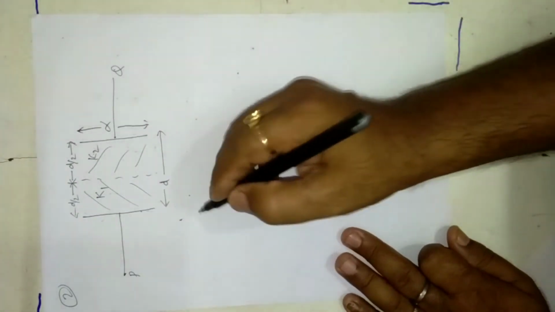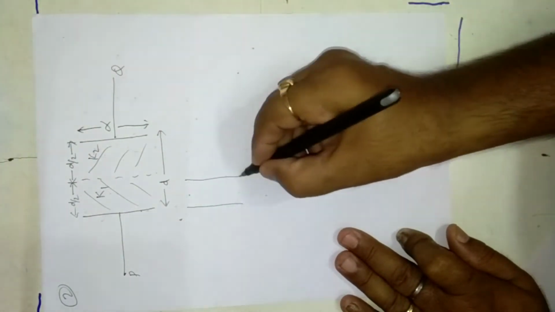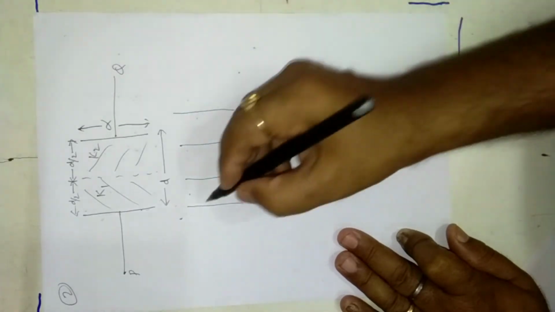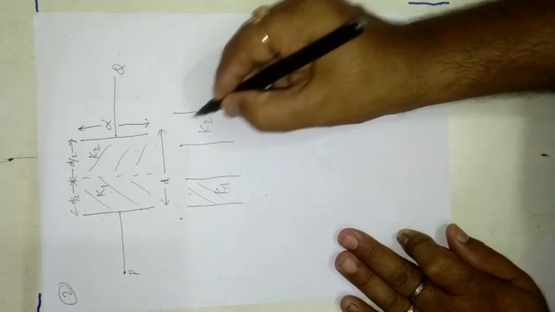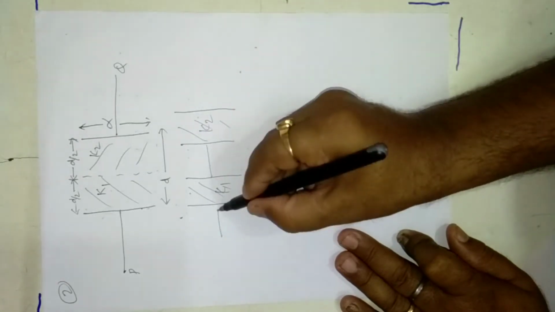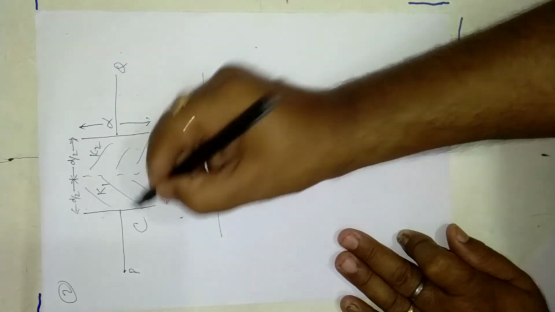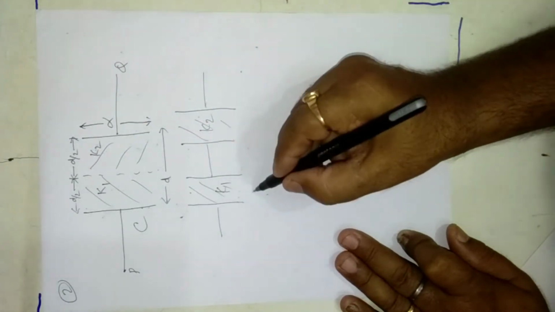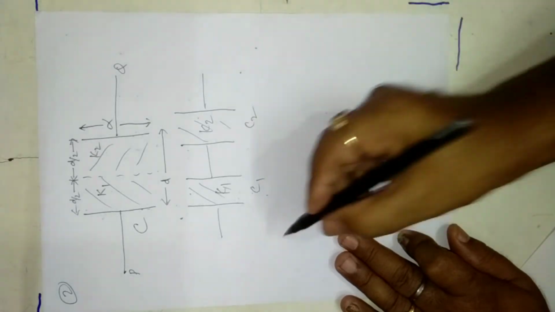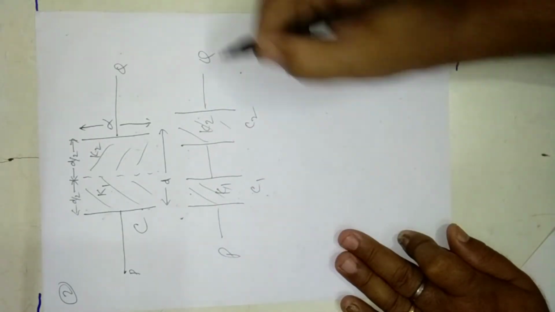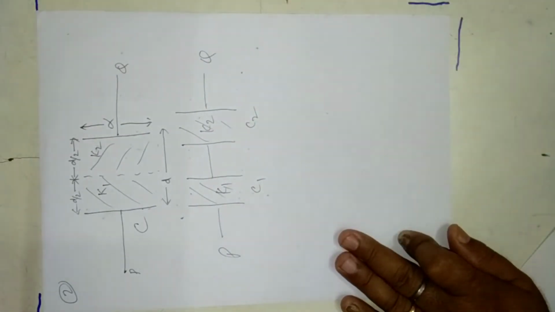Here you can say that there are two capacitors, one with dielectric constant K1 and one with K2, and they are connected like this. So capacitor C is now divided into two parts, C1 and C2, and between points P and Q they are connected in series.